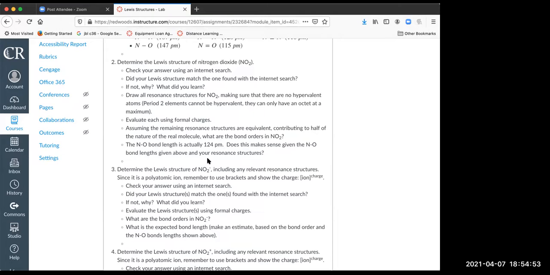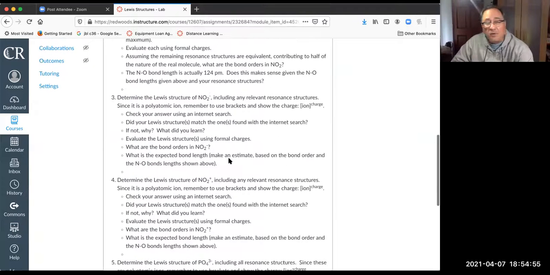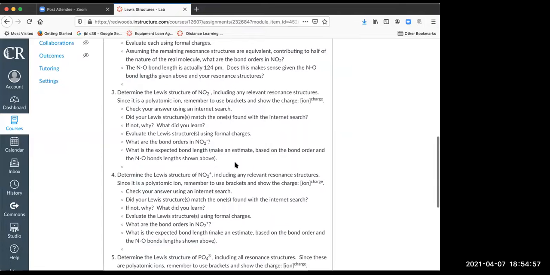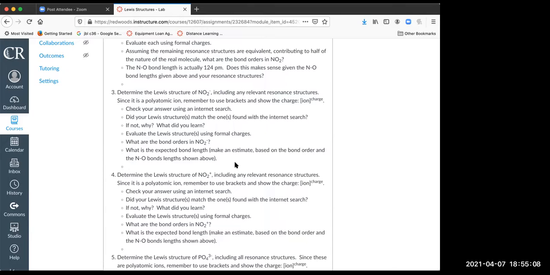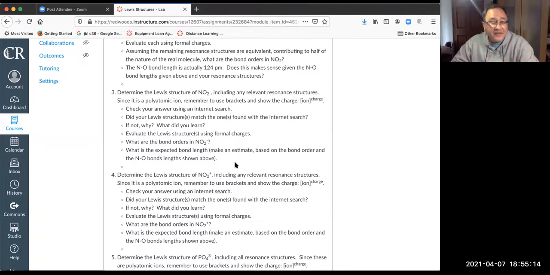Okay. So number 3, do you see the same question, basically? Now here it says, what is the expected bond length? And I don't give you the real one, do I? So we're just supposed to estimate based on the numbers that were given before. You can give a range, or you can give a single number.